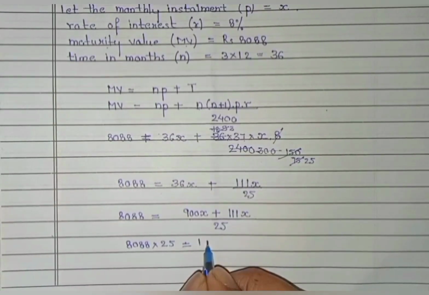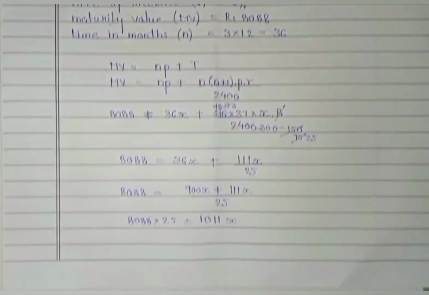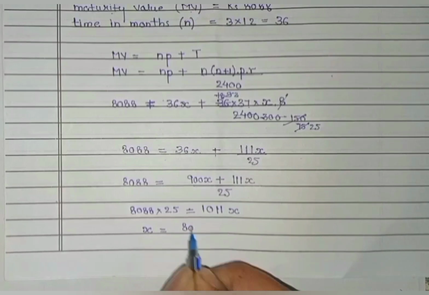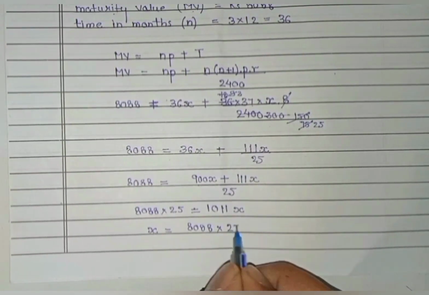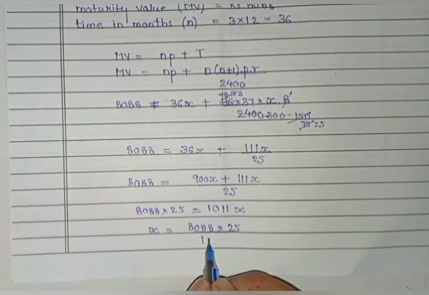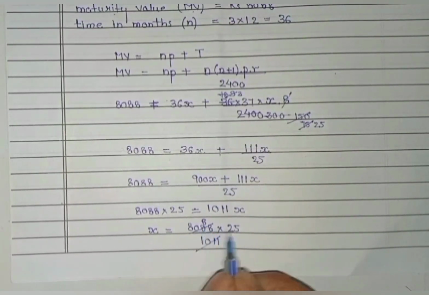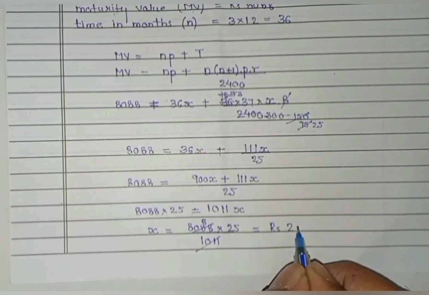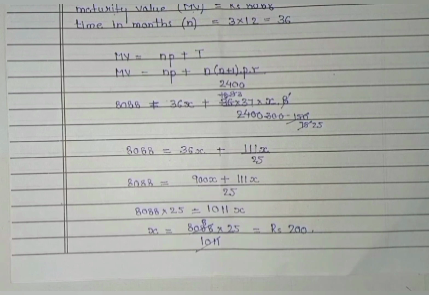This on addition will give you 1011x. Now you do the cross multiplication to get the value of x. So x is equal to 8088 into 25 upon 1011. So this will reduce 8 times. So 8 into 25 will give you 200. So the answer will be rupees 200. So this will be the monthly installment.